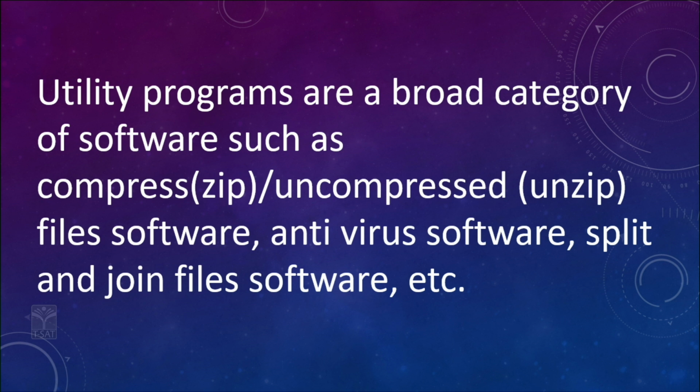Antivirus software, split and join file software, all of this comes under utility programs or utilities. So, compress and zip files, uncompress and unzip files, antivirus software, split and join file software, all these come under utilities.